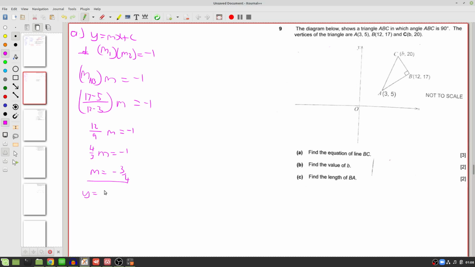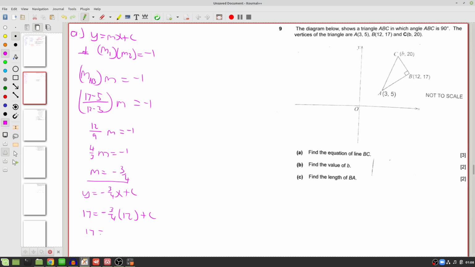So far we know y equals -3/4 x plus c. And to find c, we can substitute any point that lies on our line. So our line is BC, so we can substitute any point we know. We know the values of B, so we can substitute that in. So y is 17 at B, and x is 12 at B, plus c.